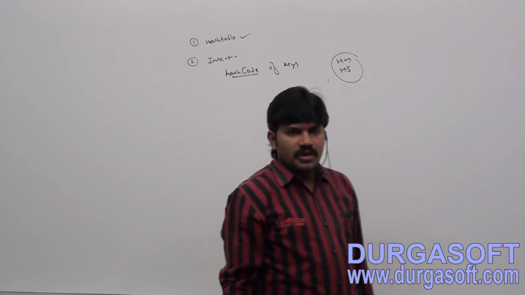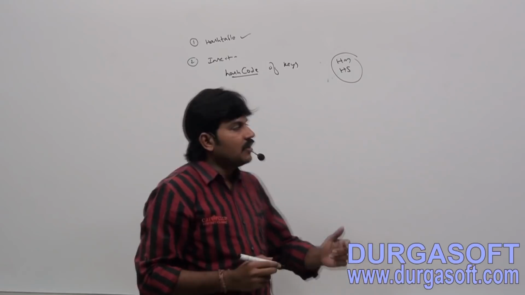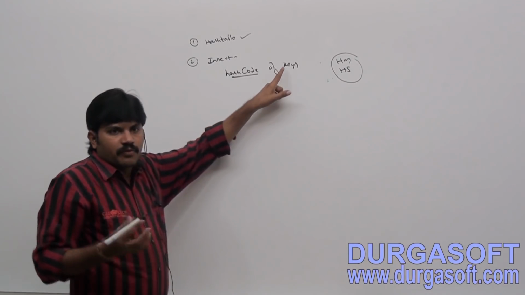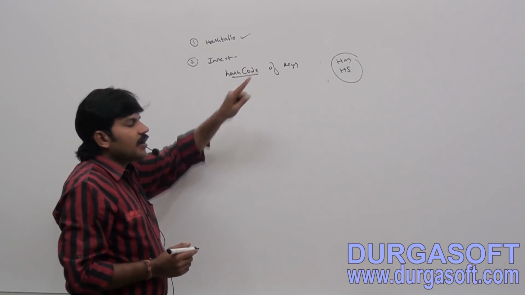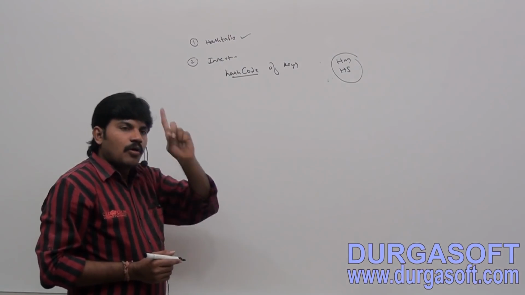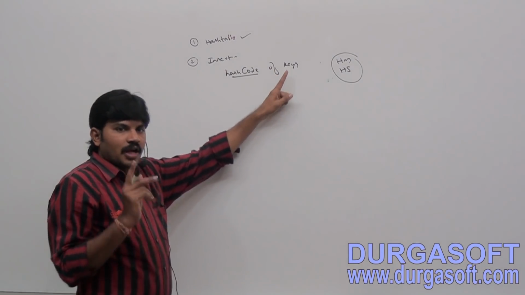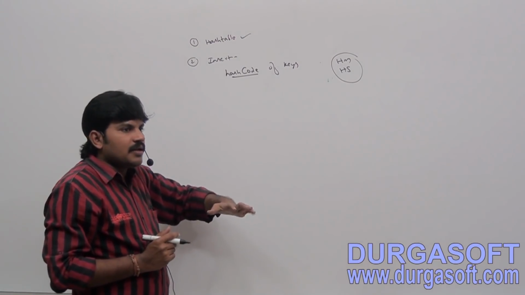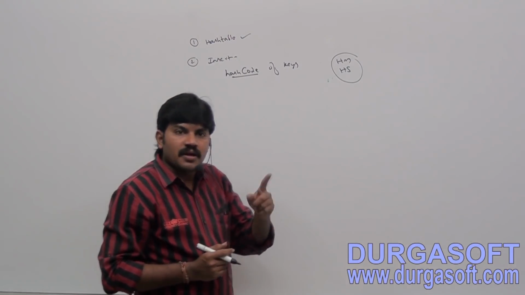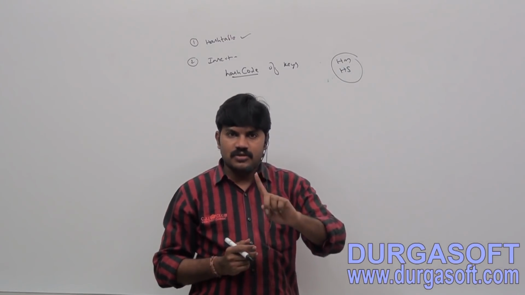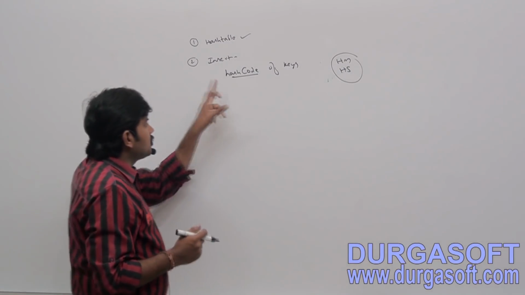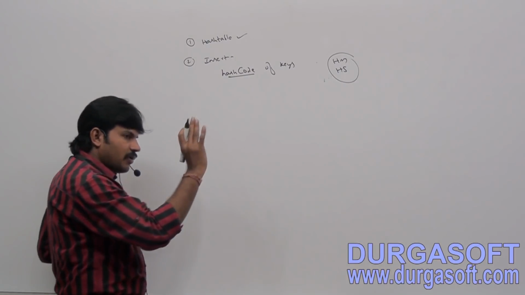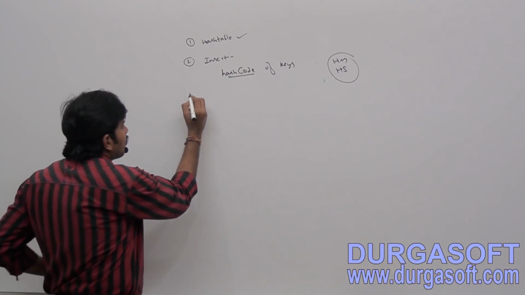Based on the hash code of the keys, or of the objects, the key-value pairs will be inserted by default. How the hash code plays its role, I will show at memory level also, so that you are aware of how the data is stored internally based on hash code. That internal structure I will also explain. Not only the theoretical point, I will explain one program so that you get more clarity.